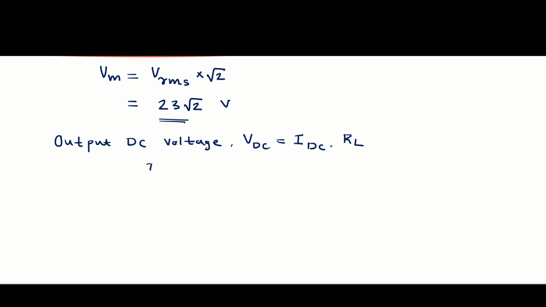The IDC is the output DC current, and this one is a half wave rectifier, so IDC is equal to Im divided by pi.